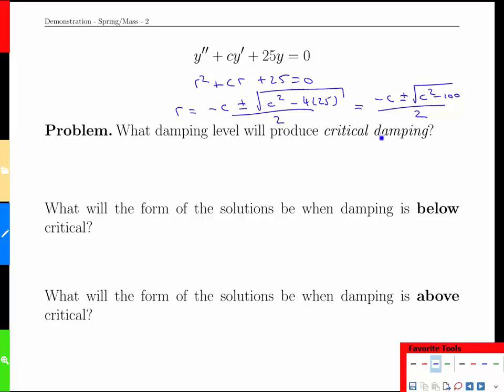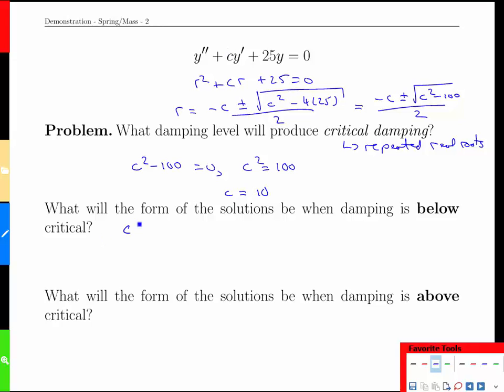We saw earlier that critical damping occurs when we get repeated real roots, and those happen when c squared minus 100 equals 0, or when c squared equals 100, or when c is equal to 10. We're not going to have negative c's for this, so just a positive 10.